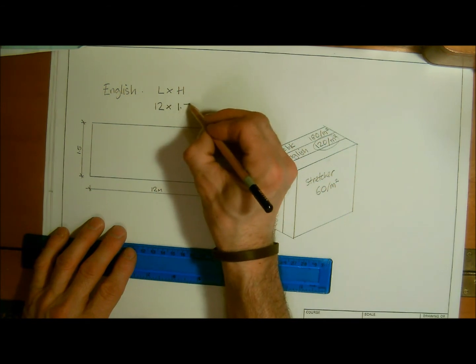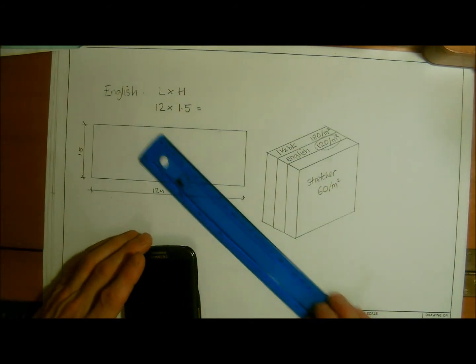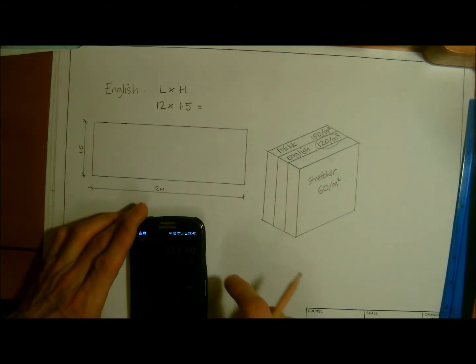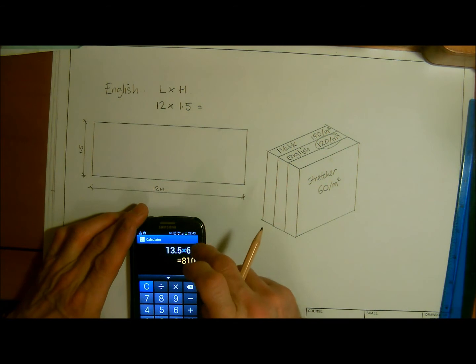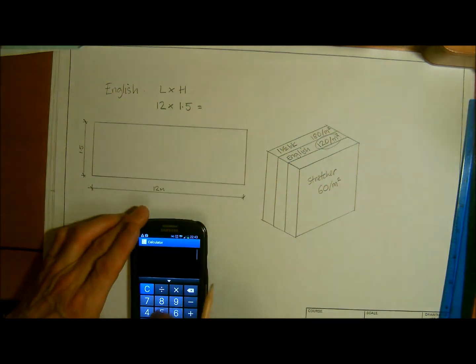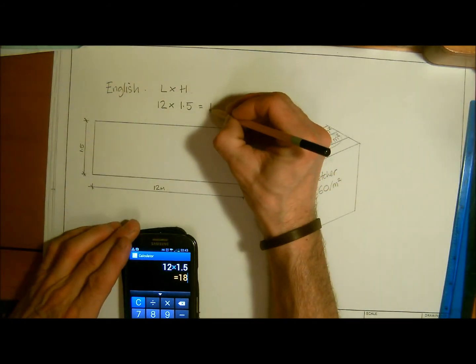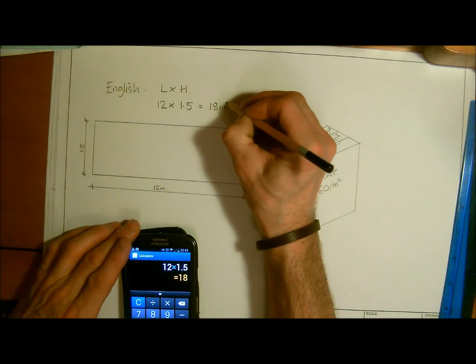times 1.5 equals, again if we just bring our calculator into play and just cancel those from the last one. So what we're looking at is 12 multiplied by 1.5 equals 18 metres squared.